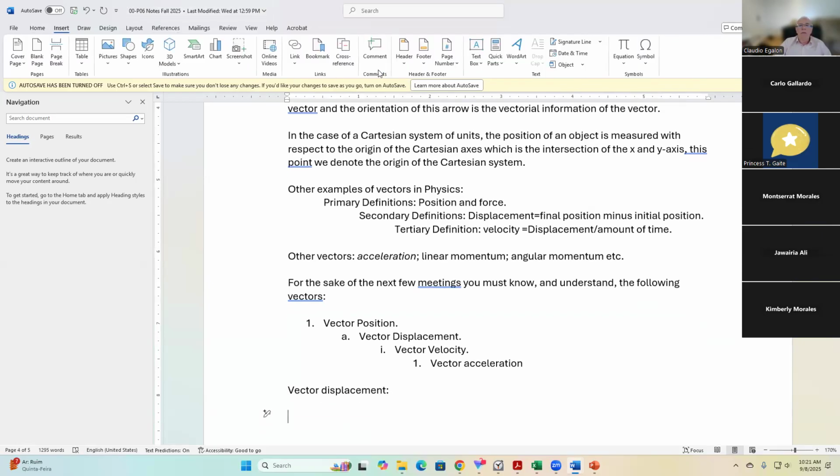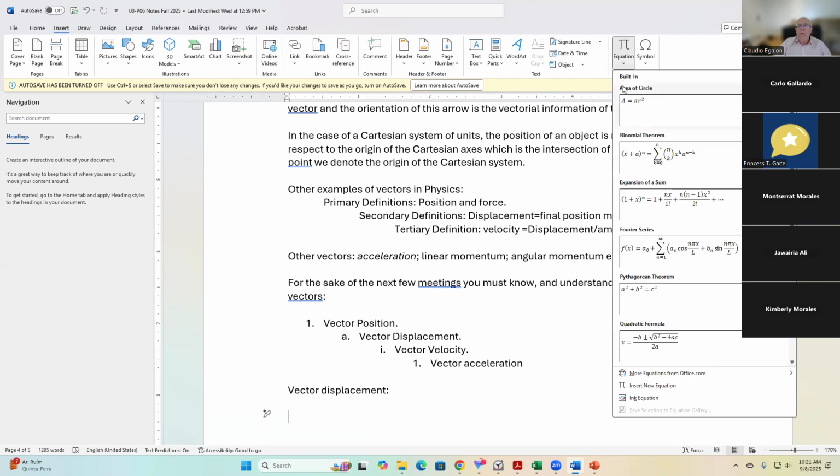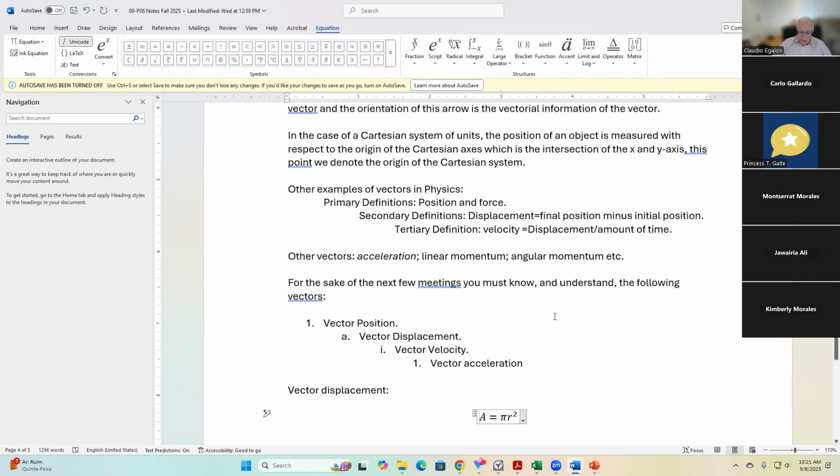I'm going to insert an equation right here, and I denote the vector displacement by delta x. X for position, delta for difference in position. The symbol delta is commonly used to denote difference. Final position minus initial position.